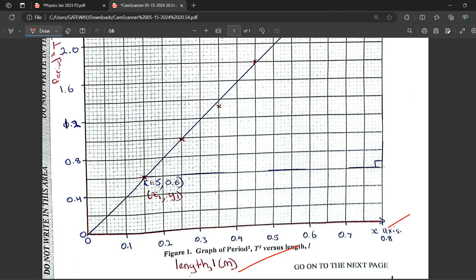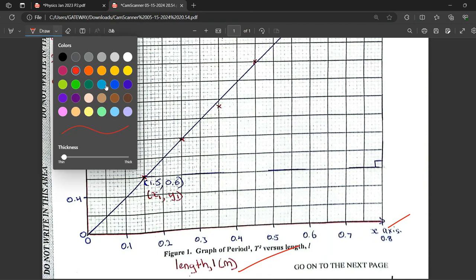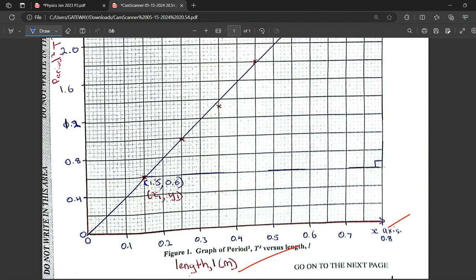This is supposed to be 0.15 actually, right? So I'm gonna fix that one time. Because if you read the comment down here, this is 0.15.